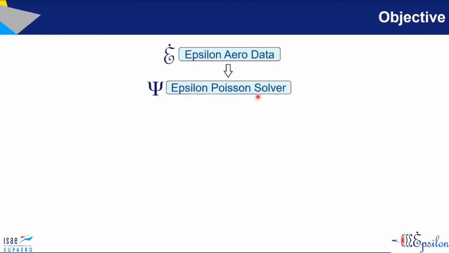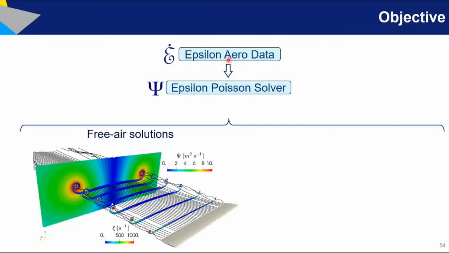So Epsilon Poisson Solver is a specific filter that can only be applied on Epsilon data. Basically, it solves the Poisson equation for multiple cases. The first case is the Fourier solution, and that concerns most of the CFD applications where you actually simulate the flying object far from the surface.